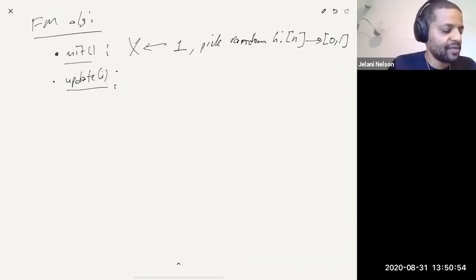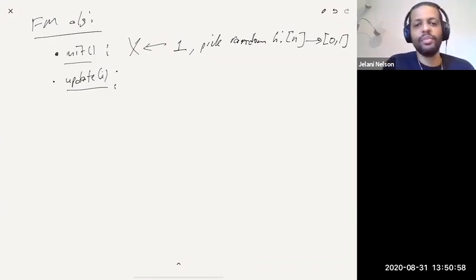So, what is n? For example, let's say I'm a router, monitoring network traffic on some link, and I want to know how many distinct IP addresses sent traffic on this link. Then n is, let's say it's IPv4, 2 to the 32. There are 2 to the 32 possible IP addresses.